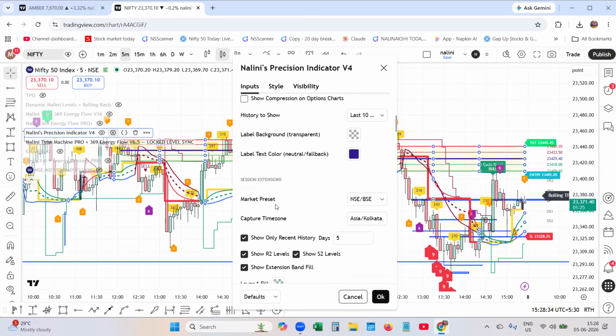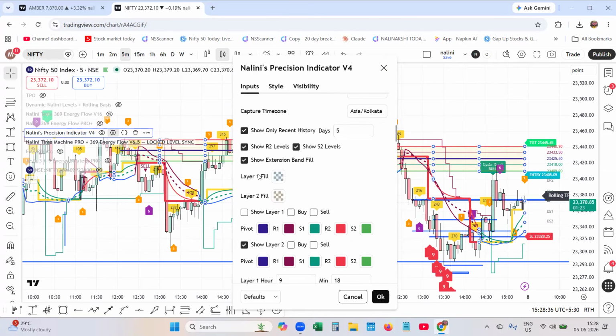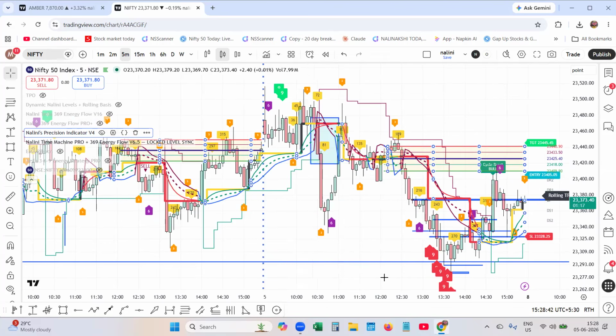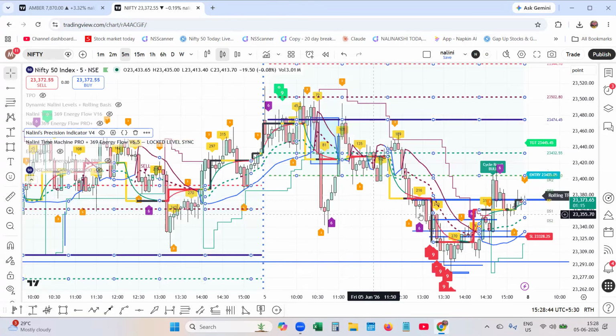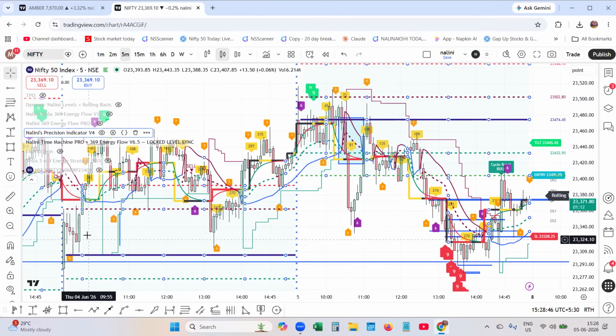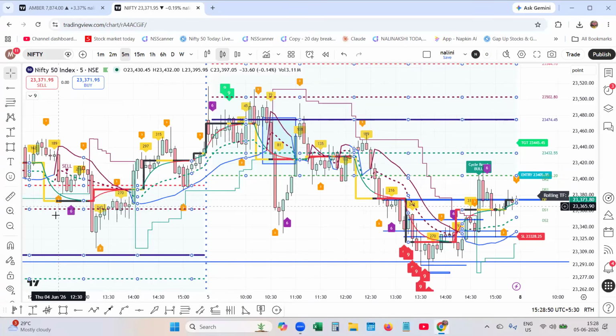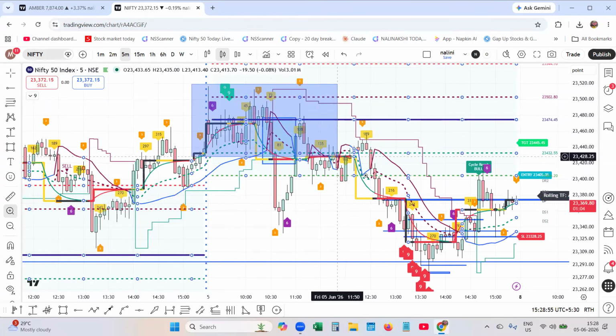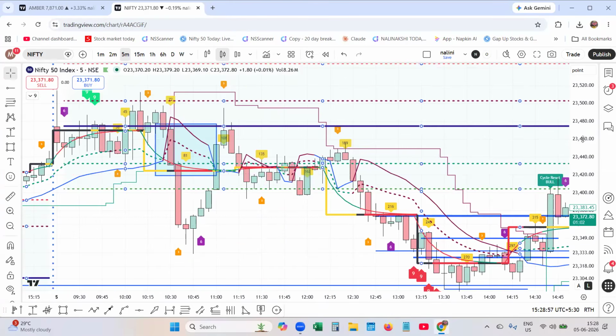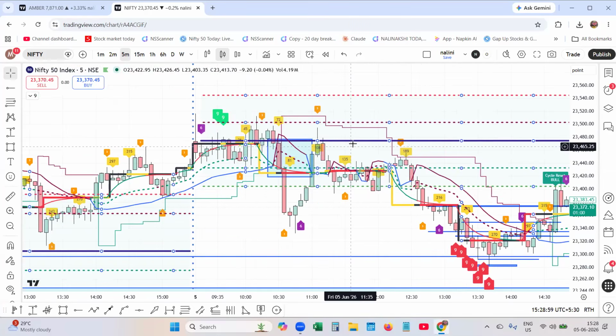Let me enable morning layers. And then let me disable layer 2, that is noon layers. Just look at it. Okay, friends. Now, let me zoom it. Morning layers will give you the straddle level.